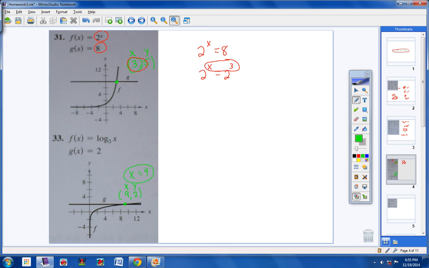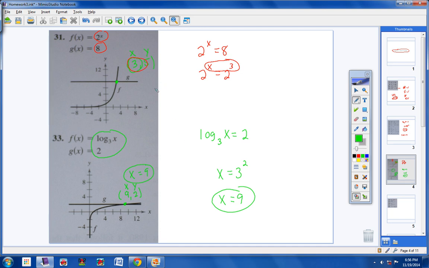Now let's set these two equal, and let's solve it analytically, okay? So log base 3 of x equals 2. Okay, we're going to write that exponentially. So x equals 3 squared. So there it is. x equals 9, okay? All right, let me check those in the back of the book, and we are moving on.